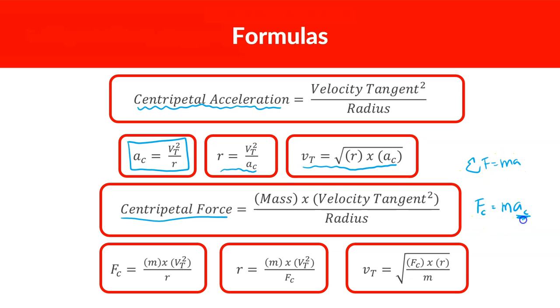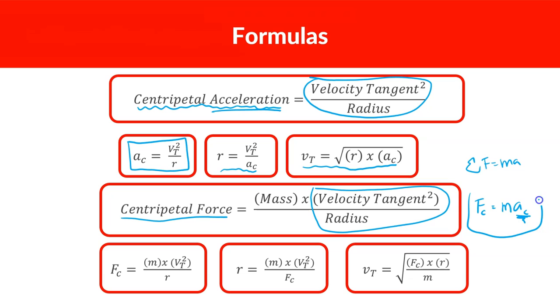It's the same thing, except this tangential velocity squared divided by radius is the acceleration. So the force is equal to ma, the same thing right here. Okay, here's the formula. As we can see, centripetal force is equal to mass times tangential velocity squared divided by r. And here are the algebraic manipulations to get the different values that you might want.